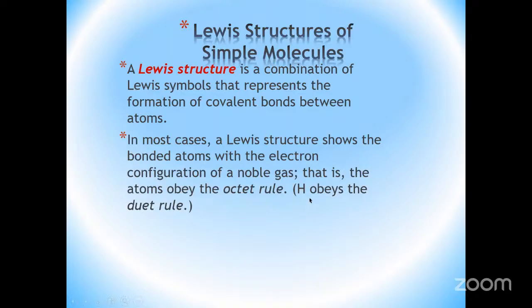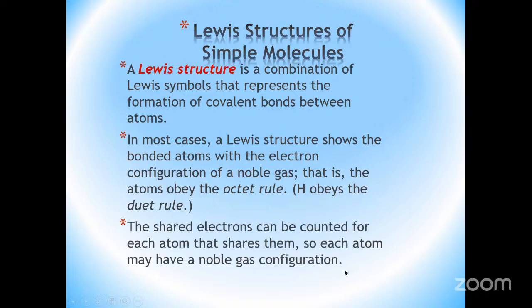In most cases, the Lewis structure shows the bonded atoms with the noble gas configuration, but not true in all cases, and we're going to see some exceptions later on. But in most cases, all the atoms try to at least end up with 8 electrons on its outer shell, right? So when you get the electrons shared, each atom may have a noble gas configuration, but as I said before, this is not always the case, all right?